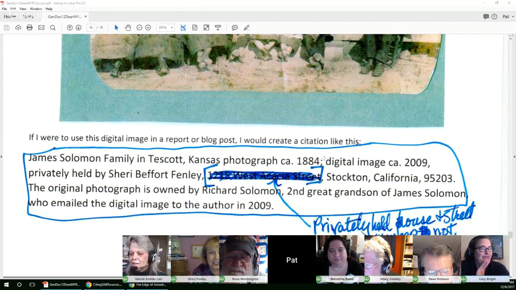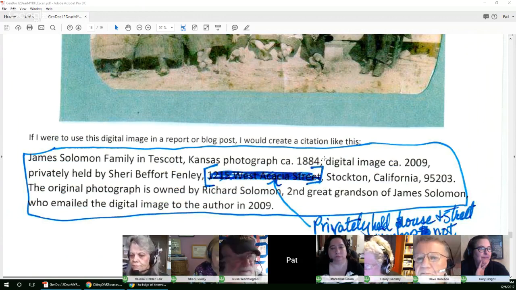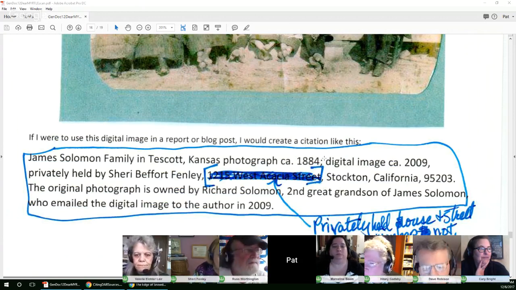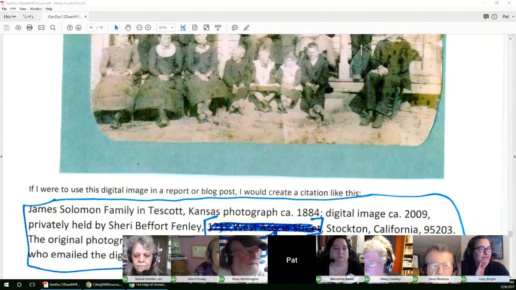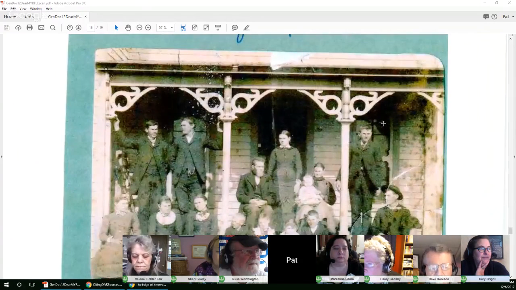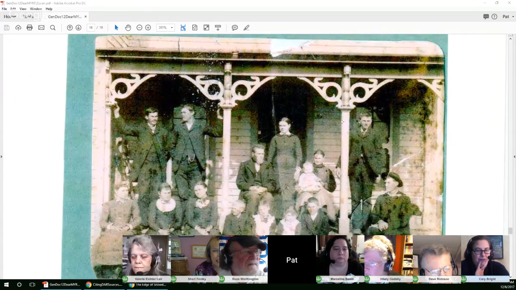And then you gave us some provenance, that it was owned by Richard Solomon. And it still is. He sent me a digital image of the photograph. He emailed it to me. Interesting that it's been trimmed. I didn't ask. It looks like it's been torn in a few places. It looks like it might even be matting behind it.